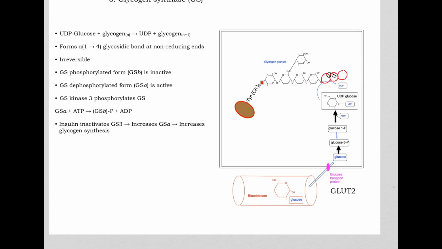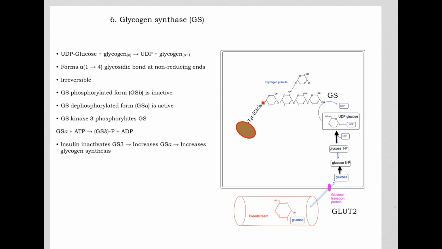This can be repeated, add another glucose, and so on, thereby extending the chain, making alpha-1,4, alpha-1,4, alpha-1,4, and making the glycogen chain longer and longer. Important to note that this extension of the chain happens at the non-reducing ends. And since glycogen has many non-reducing ends, we can extend the glycogen at many different parts simultaneously.